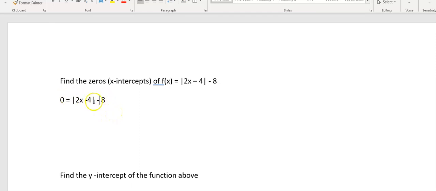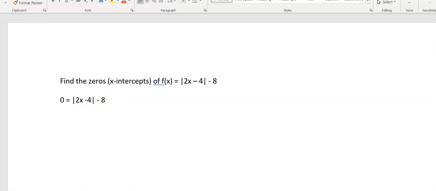All right, so remember before when we were solving absolute value equations that we have to have the absolute value by itself on one side before we can rewrite the equation into two separate equations to solve. So this is not yet by itself because there is this minus 8 that's not in the absolute value.